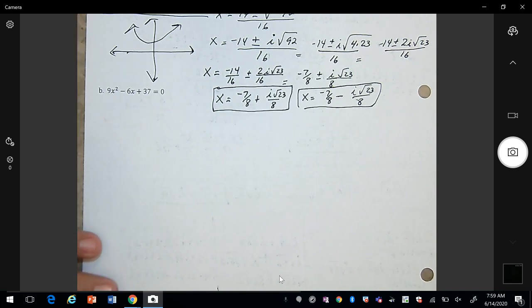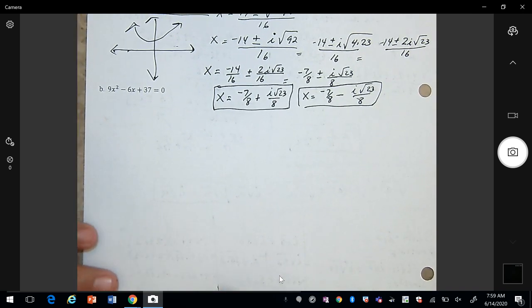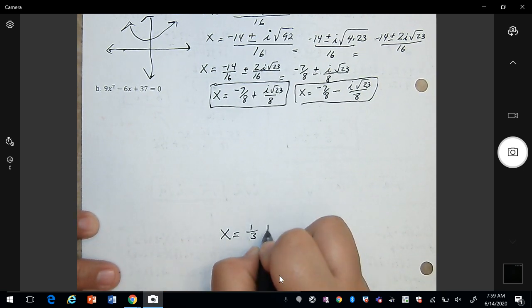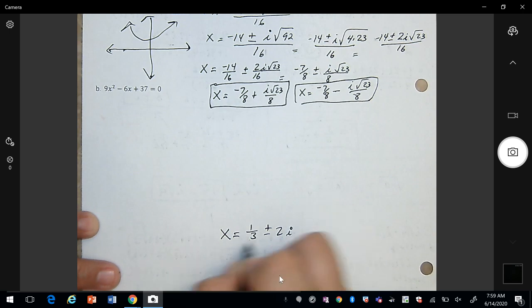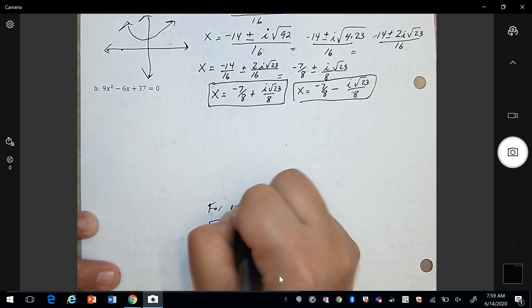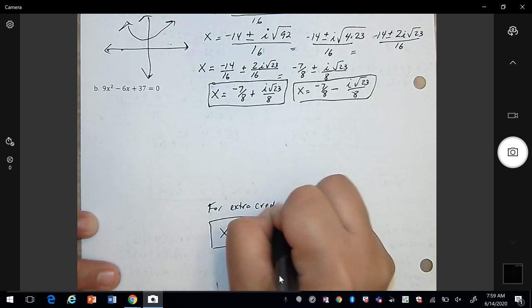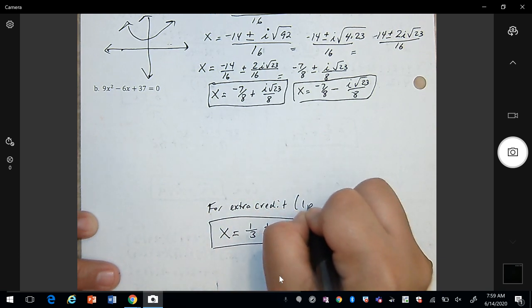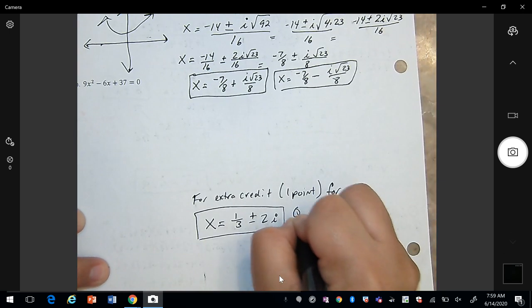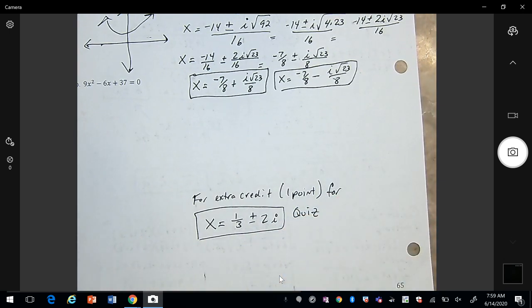Okay, so the answer for this letter B is going to be x is equal to 1/3 plus or minus 2i. And so for extra credit, 1 point for quiz, I believe 5, but let me double check.